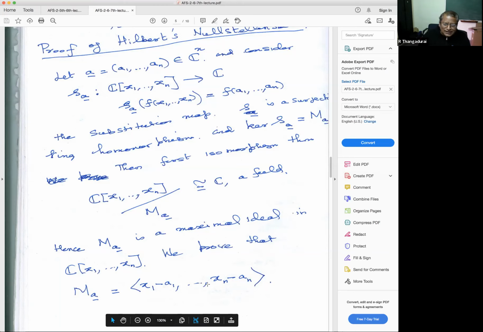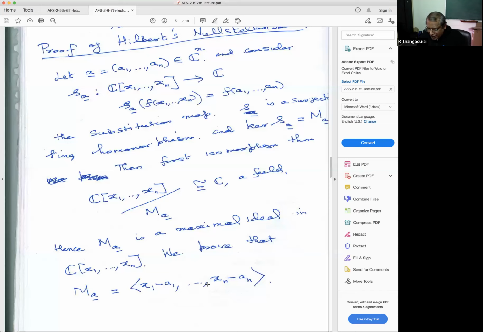Second, to prove a bijective correspondence, we have taken a point to a maximal ideal; now we want to go from a maximal ideal to a point. We take any maximal ideal, call it M, in the polynomial ring in n variables; that maximal ideal will look like MA for some point A in Cn. These two we have to prove.